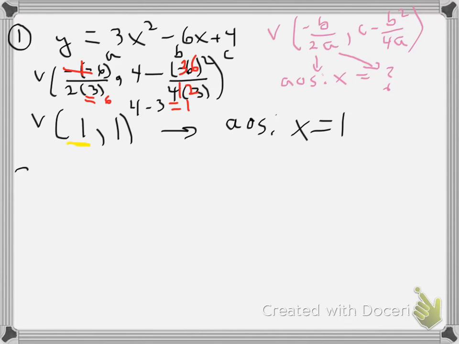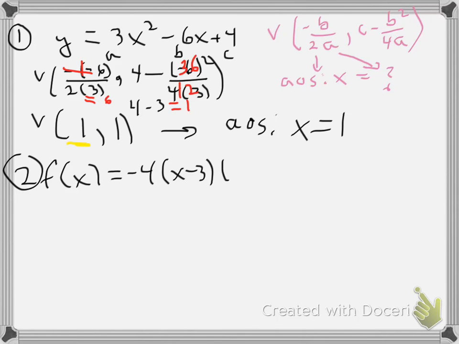Okay, number 2 has the same instructions. I need to find the vertex and axis of symmetry, but in this case, they gave it to us in intercept form. So the x-intercept form, which is x minus 3, x plus 7.